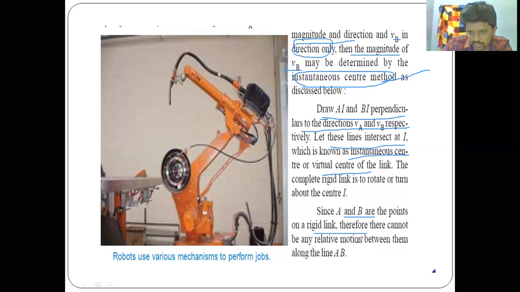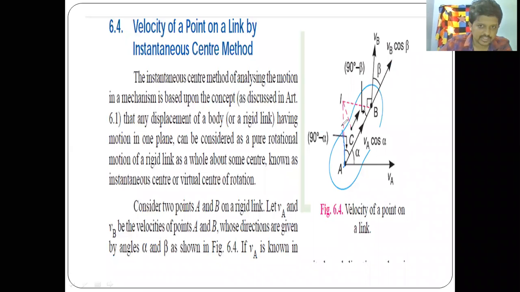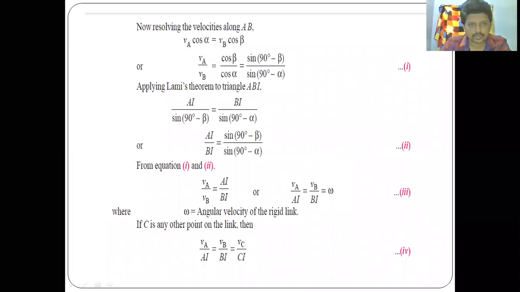So we draw two perpendiculars, the right bisectors: this is the right bisector at point A, and this is the right bisector at point B. They both meet at a point which we defined as I, the instantaneous center. About that point, the whole link will start rotating.